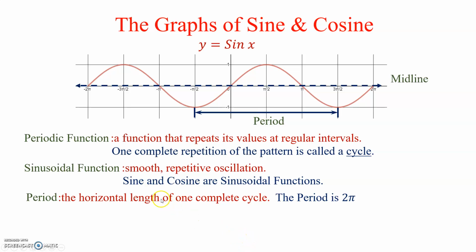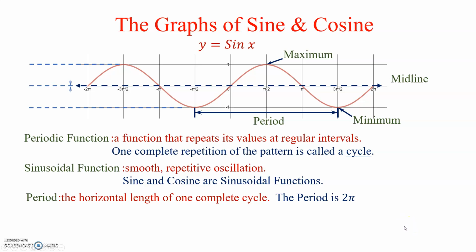Some other characteristics. We notice that it oscillates up and down between 1 and -1. There is a line of symmetry, if you will, even though it's not truly a line of symmetry. This line is called the midline. The highest point is a maximum, while the lowest point is called the minimum. These are some of the characteristics that every graph of y equals sine x has.